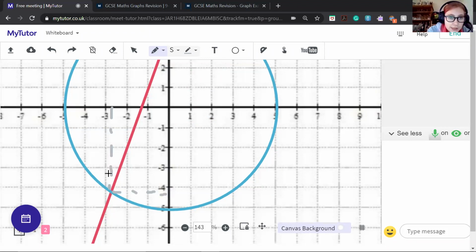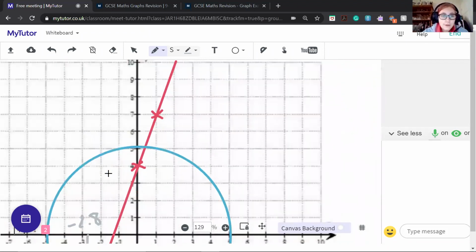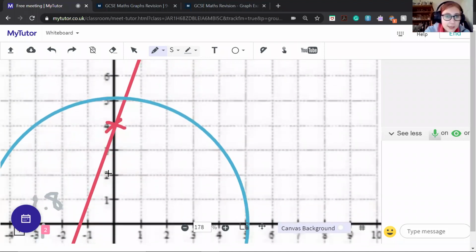So I would say that looks like minus 2.8-ish there and minus 4.2. That looks kind of reasonable. And then find the other point here. Again, see where it lies on each axis. So that looks like 0.5 here, and it is roughly 5 there.